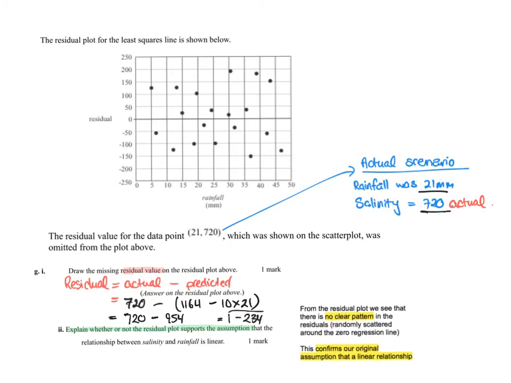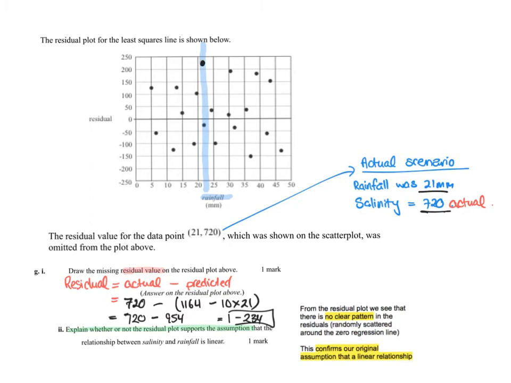So this is the residual for 21, the x point 21. So if you go on when rainfall, so I'm looking along here, when rainfall is 21, so somewhere around this line there, we're going to put the -234. So 234 would be up here. So we'll just pop in a dot up there roughly.